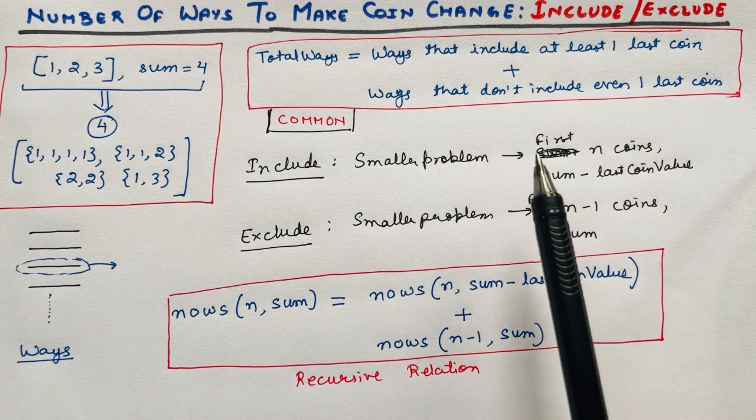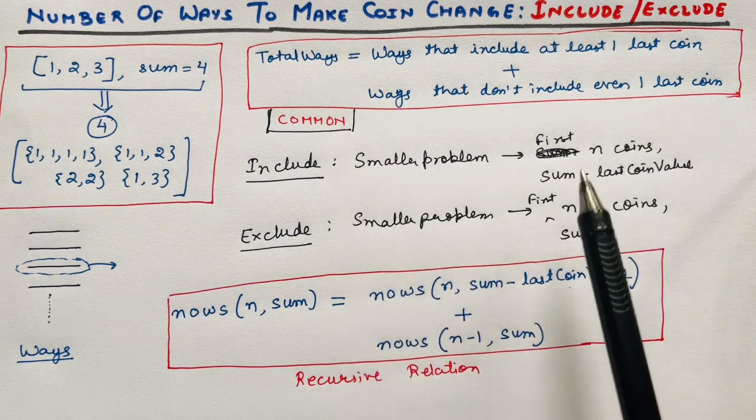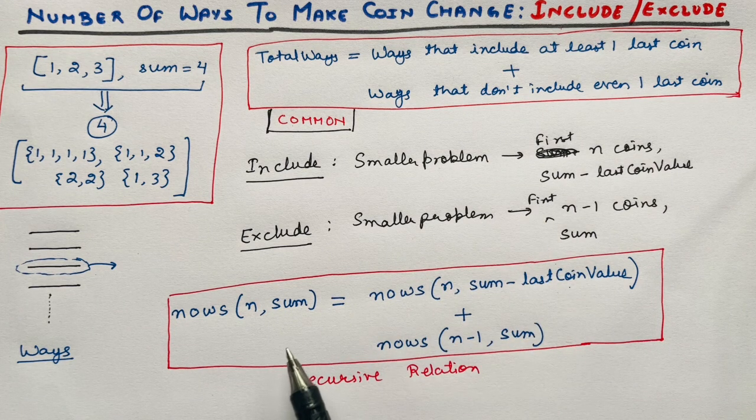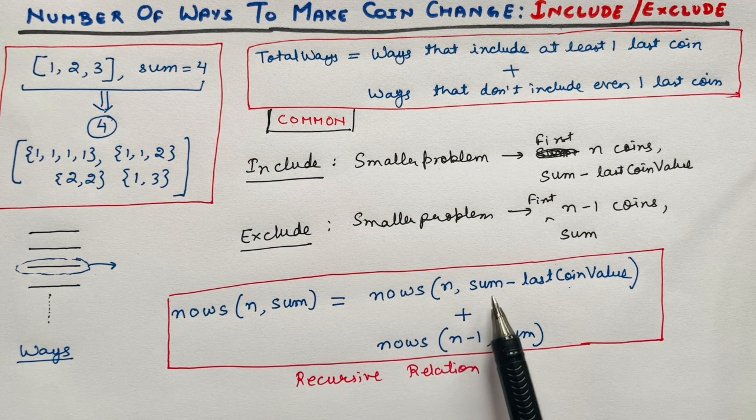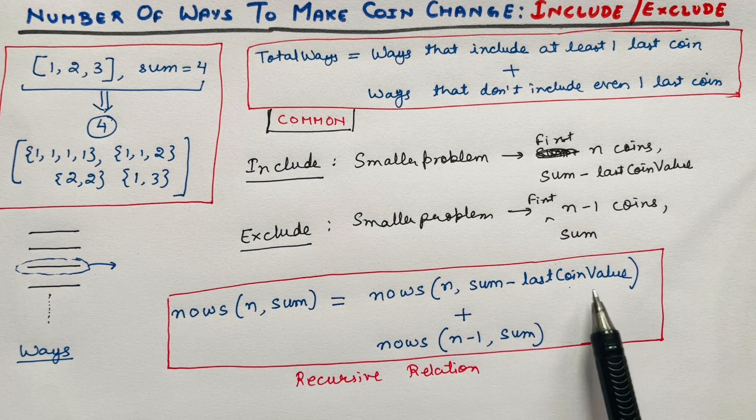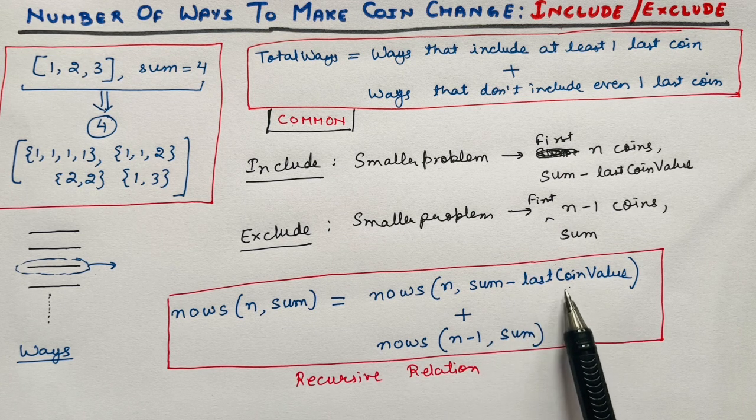We formalized this statement into our recursive relation, where we could say that the number of ways of forming sum equal to sum using first n coins is equal to what? It equals the number of ways of forming sum equal to sum minus last coin value. That means we have picked at least one last coin.